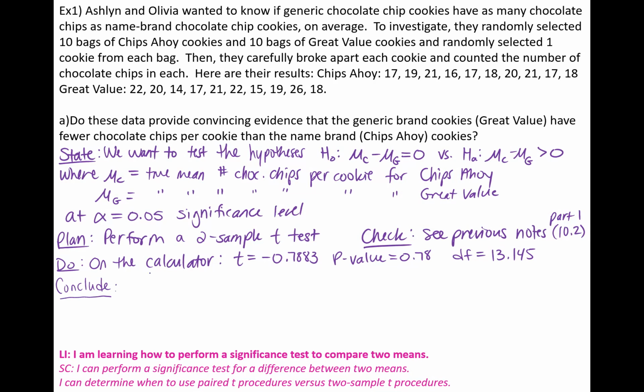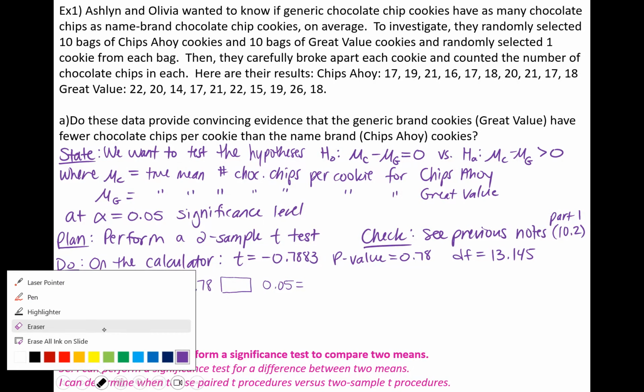So we found a p-value from the calculator. I'm going to put p-value of 0.78, and we are going to be comparing that to our alpha, which is 0.05. We're looking for whether it's greater than or less than.